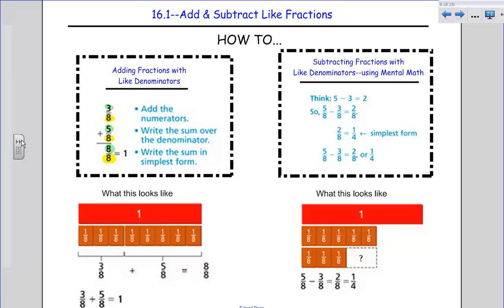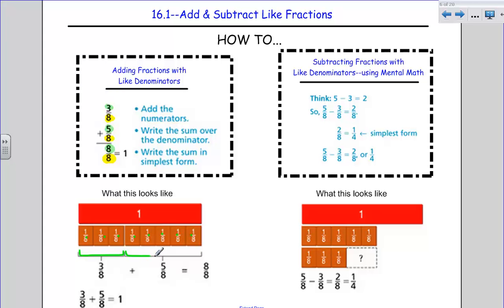Now, over the past few days, or a little while ago, we were working with models. So let's look at what this actually looks like. Down here I have 1, 2, 3. That's going to be 3/8. So I'm taking 3/8 and I'm adding 1, 2, 3, 4, 5.